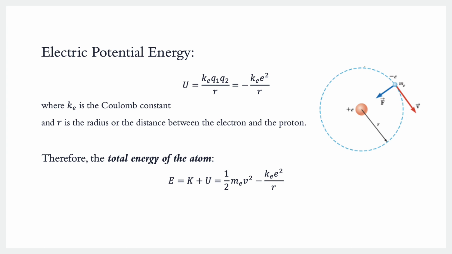Combining the electron's kinetic energy and the system's potential energy, the total energy of the atom is 1/2 mv squared minus ke squared over r.